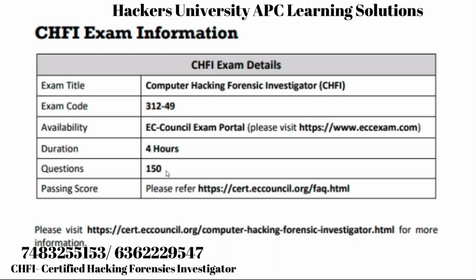They will ask you 150 questions, with a passing score usually around 70%, but you can refer to the EC-Council website frequently asked questions for that. The title of the certification is CHFI, which is Computer Hacking Forensic Investigator.